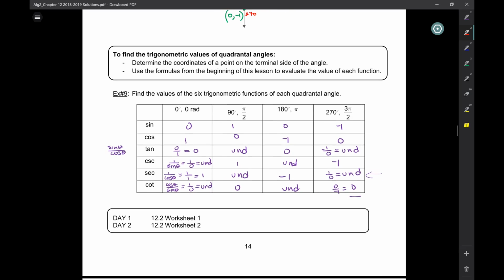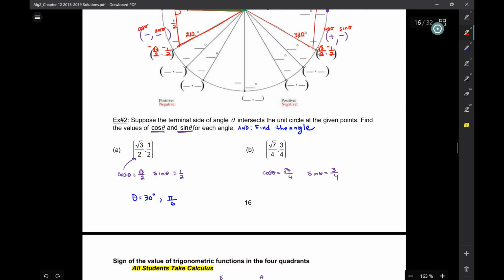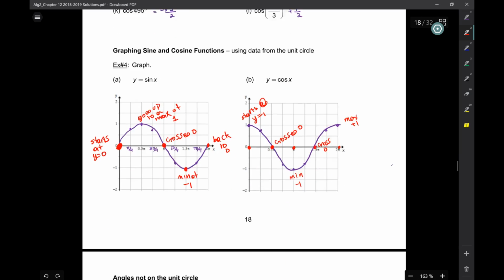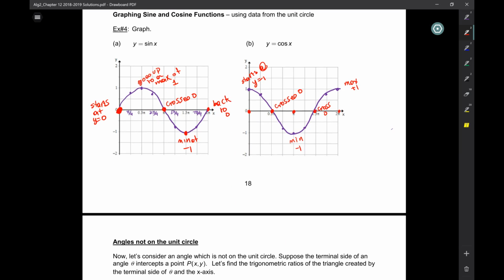Isn't that a thing of beauty? This is what I need you to take with you: with the sine and the cosine, you need to know where one starts, and you need to know that it goes back and forth between 1 and negative 1, because that's what we're going to build on first thing Monday.